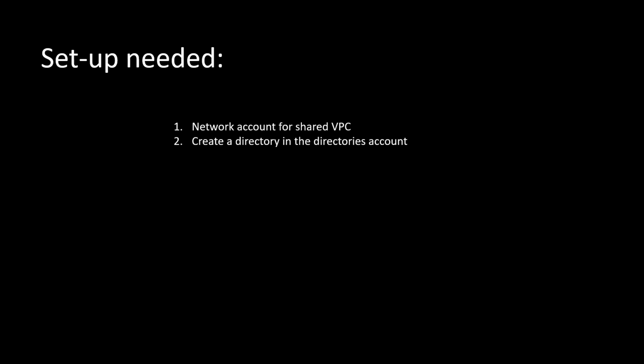So we'll be creating a simple AD directory, and when we create a directory we need to specify two subnets. That's because when you create a directory in directory service, it actually creates the directory in two different availability zones, so it's highly available. So what we'll then do, once we've created that directory, specified the DNS name for that directory and specified the two subnets, is create an EC2 instance, what we can call a domain controller, that's attached to that directory.